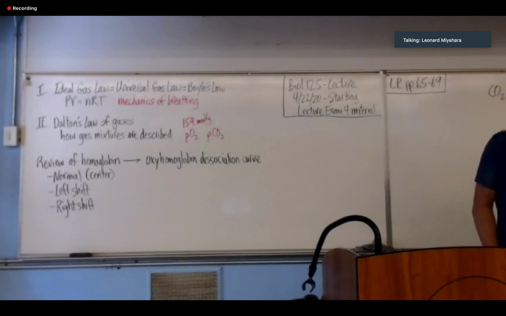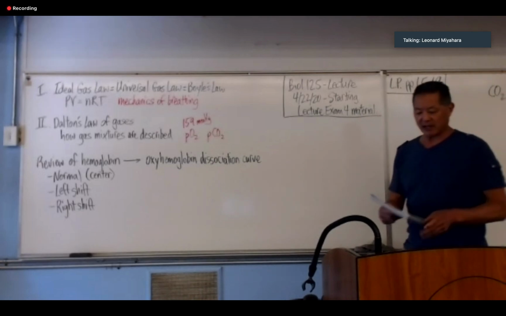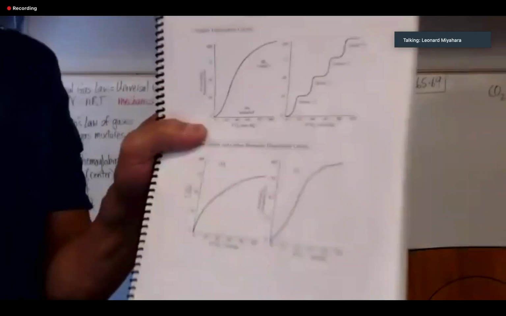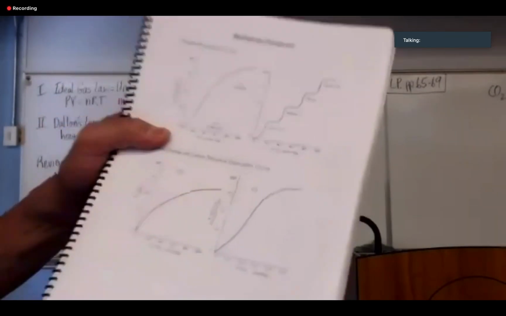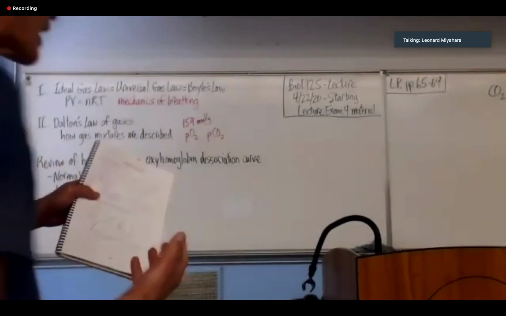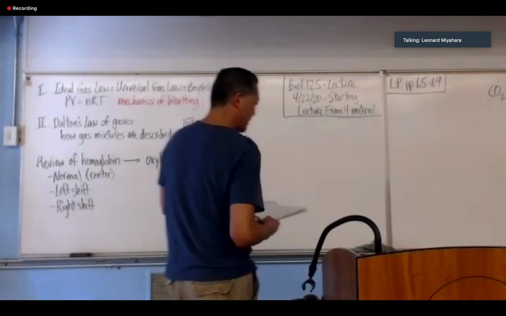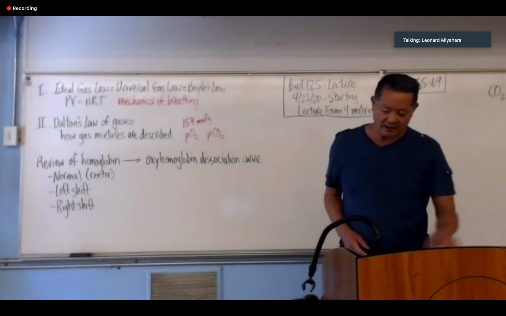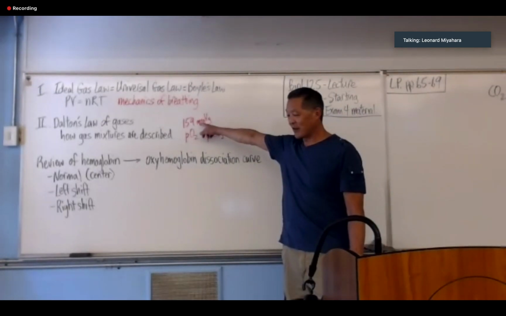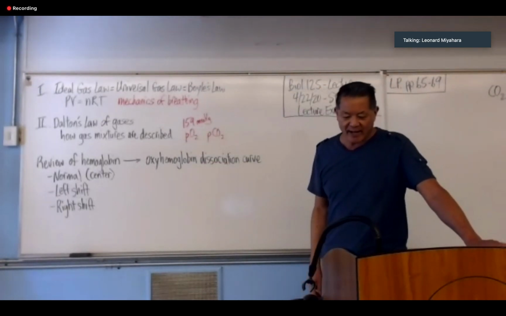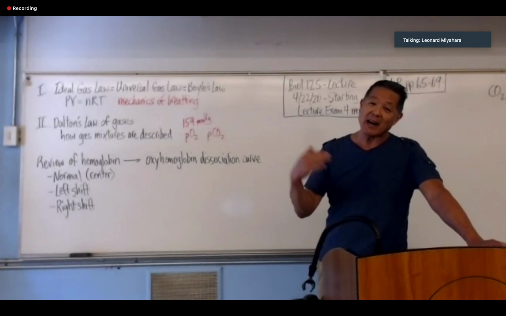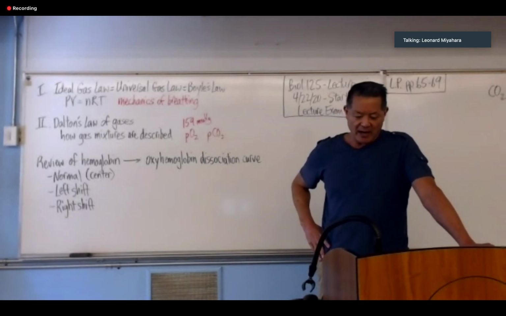So if you're looking at that graph on the top right of page 65, this one right here, heme group number 1 has the highest affinity. The reason why heme group number 1 has the highest affinity is that with a really low partial pressure, look at this, you're looking at 20 millimeters of mercury, boom, it loads because it has the highest affinity for the oxygen.